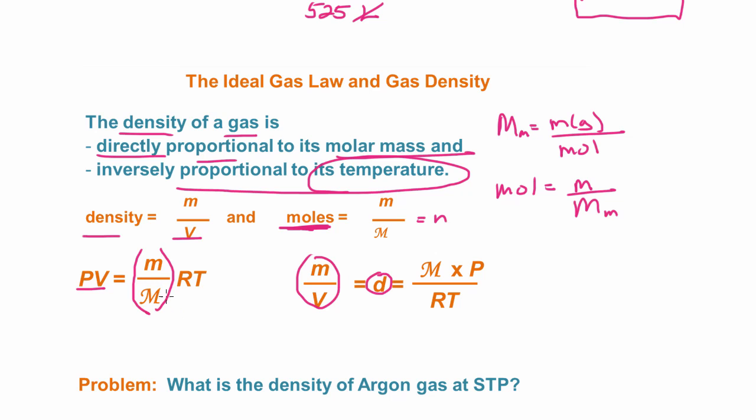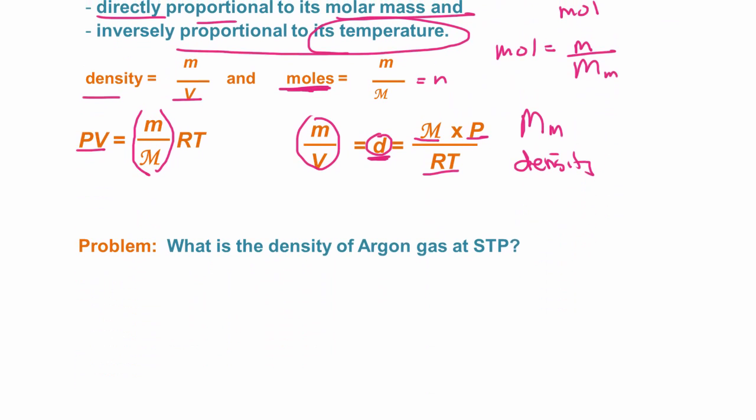So what I can do is bring the volume over here. I have mass over volume, that's equal to the density. So I can rewrite this then as density being equal to the molar mass times the pressure divided by RT. I can determine both molar mass of an unknown in the lab and also the density.